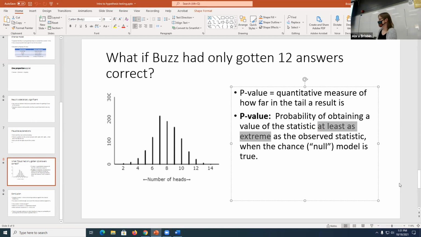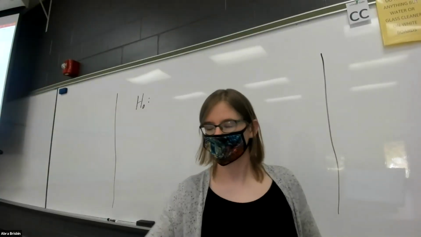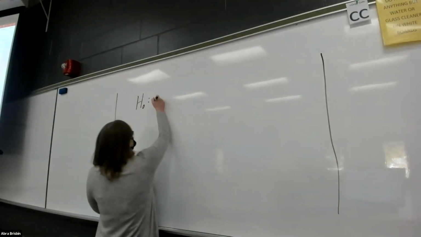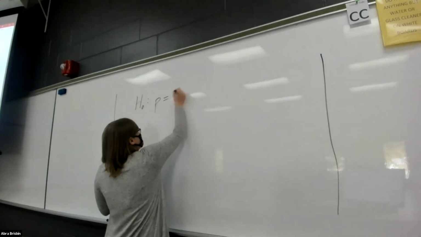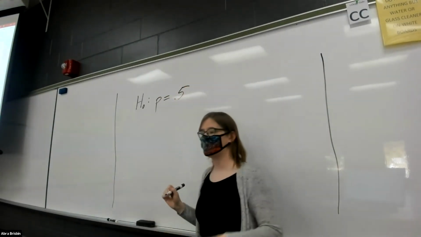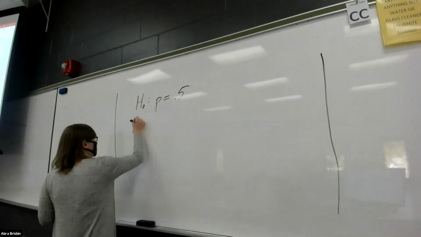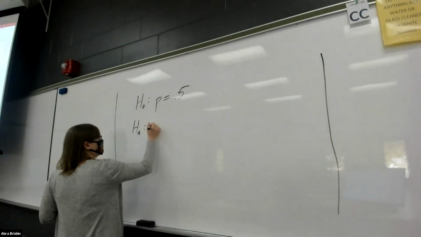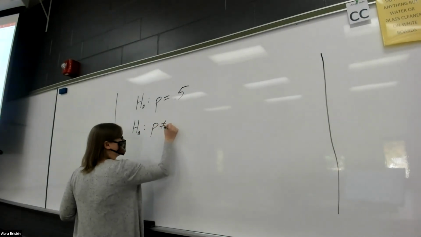So the reason why we do that is because let's imagine that we were flipping a coin and wanted to test whether it was a fair coin. We want to test the null hypothesis that p equals 0.5, probability of heads is 0.5, versus the alternative hypothesis that p does not equal 0.5.